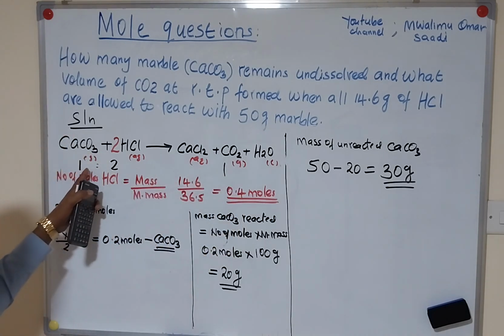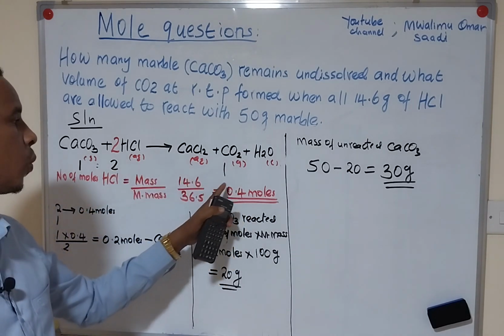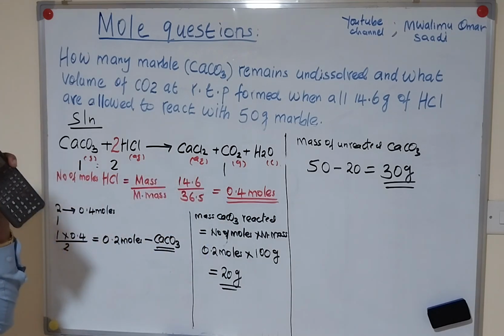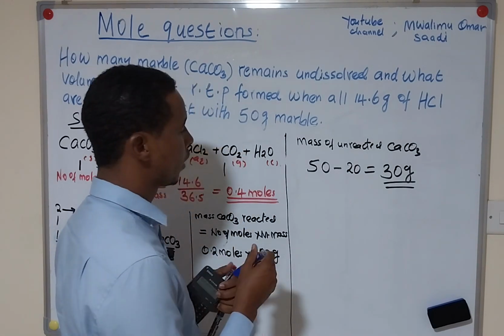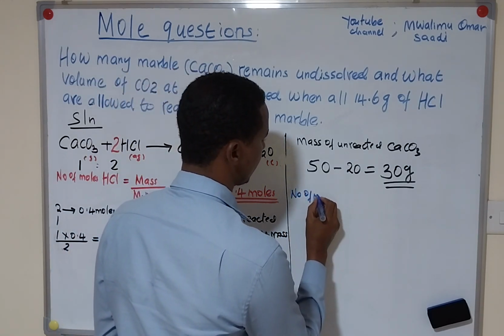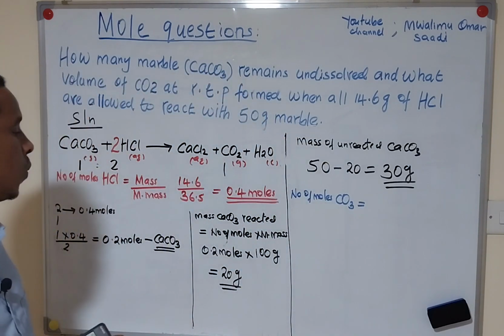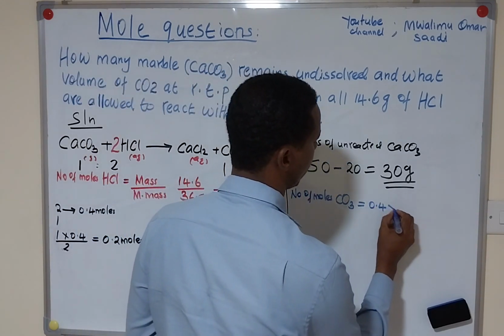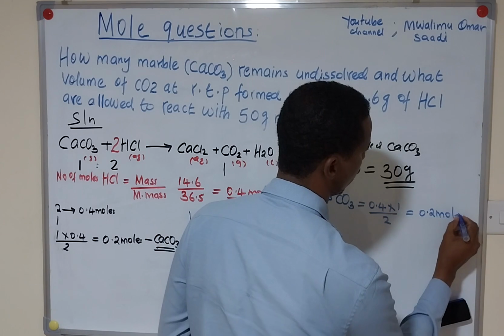Since the mole ratio between the acid and the CO2 gas is 2:1, the number of moles of CO2 gas will be 0.4 times 1 over 2, which is 0.2 moles.